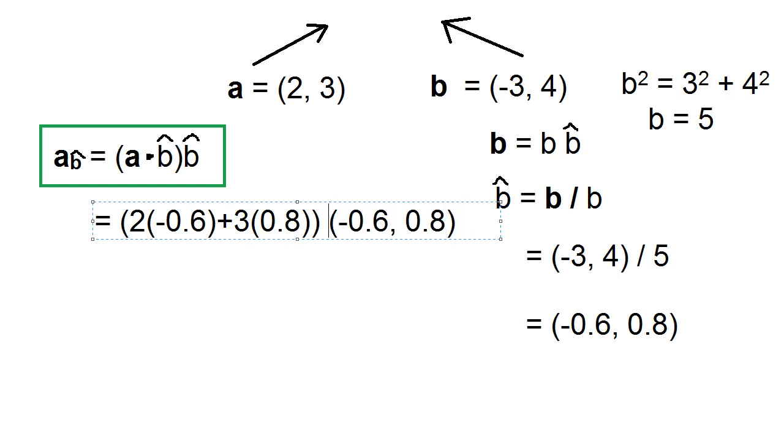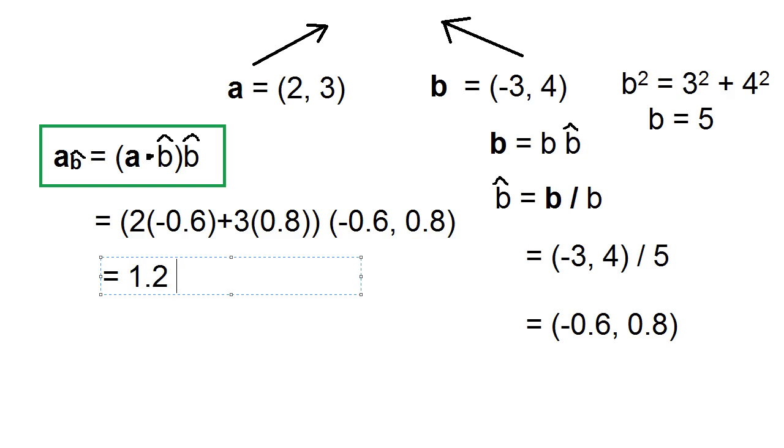Now, when you're evaluating this, just do them one at a time. I would start with the scalar or number parts. You can simply take 2, multiply it by negative 0.6 plus 3 times 0.8. If you do so, hopefully I've done it correctly, you'll get 1.2. And we're then going to multiply that by b hat, because b hat was outside the brackets and therefore is going to be done last.